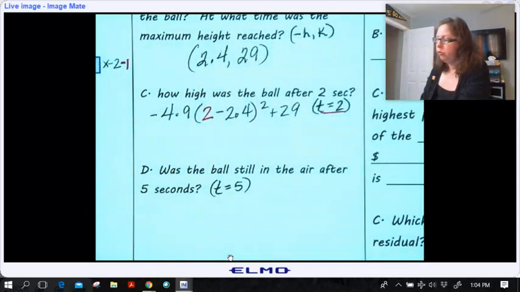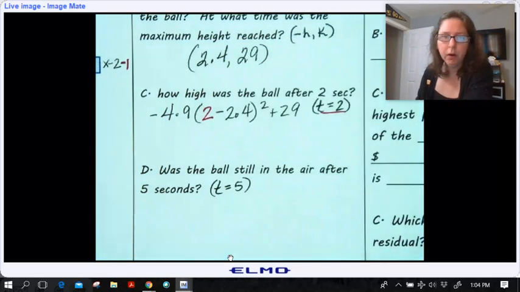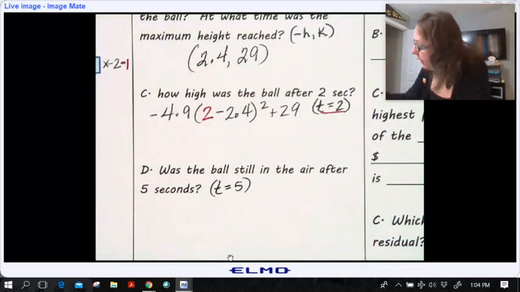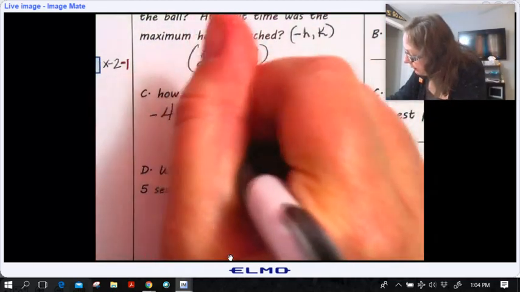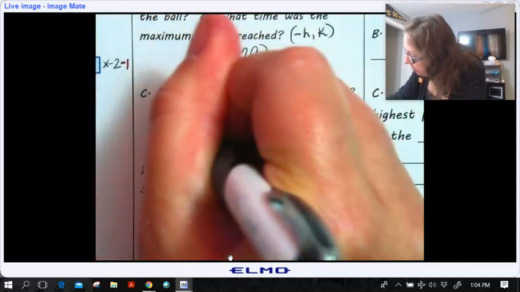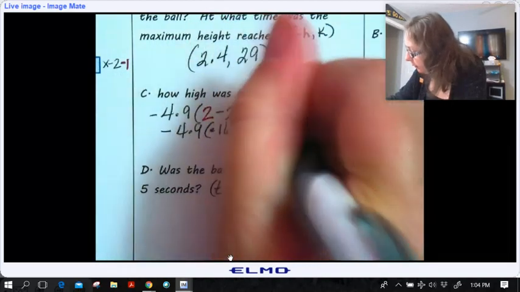Okay, so 2 minus 2.4 is just negative 0.4. 0.4 squared is 0.16 times negative 4.9.